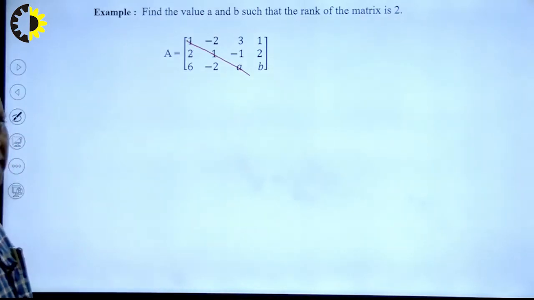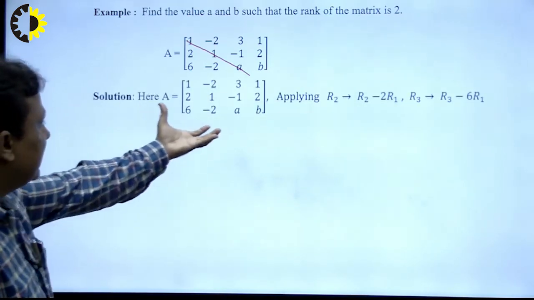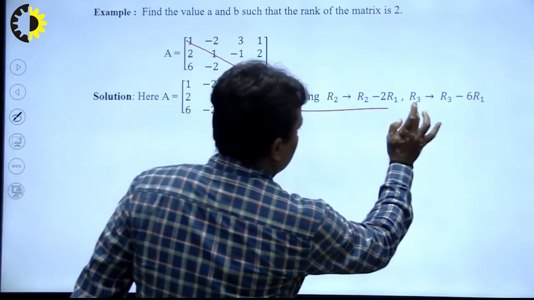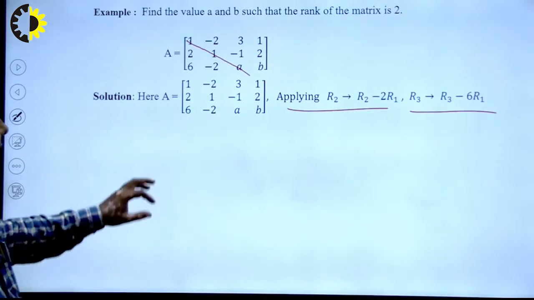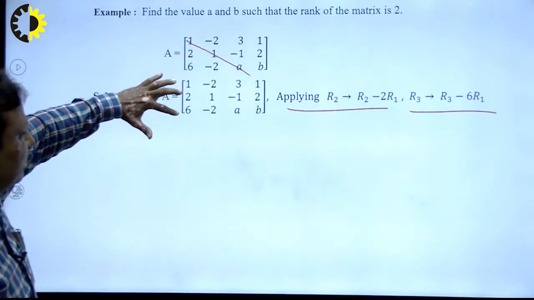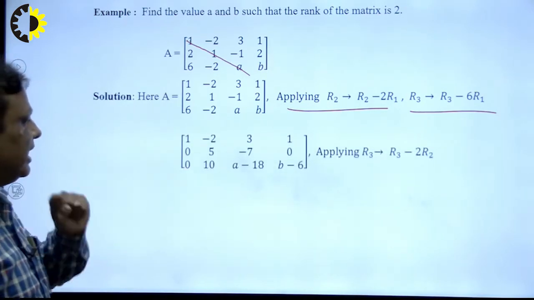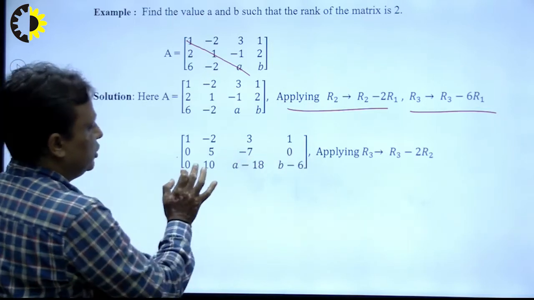So we consider a matrix and apply the rules together, R2 arrow R2 minus 2 R1 and R3 arrow, with the help of this 0. After applying the formula, we get 0 5 minus 7 0 0 10 a minus 18 and 6 b.